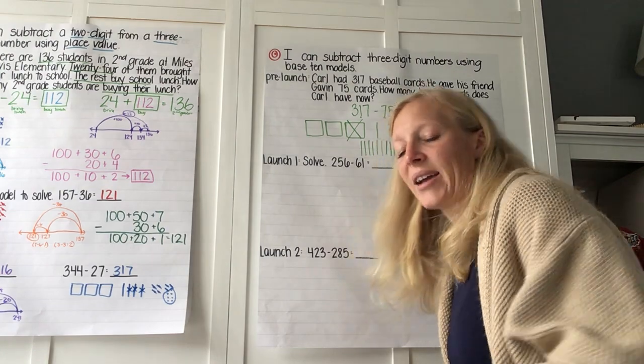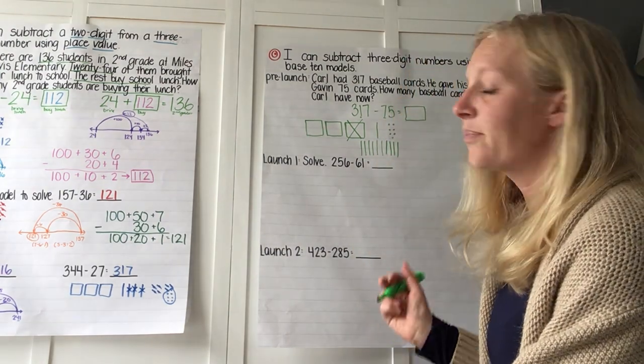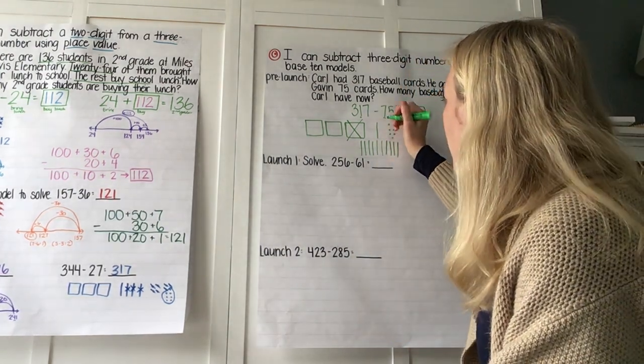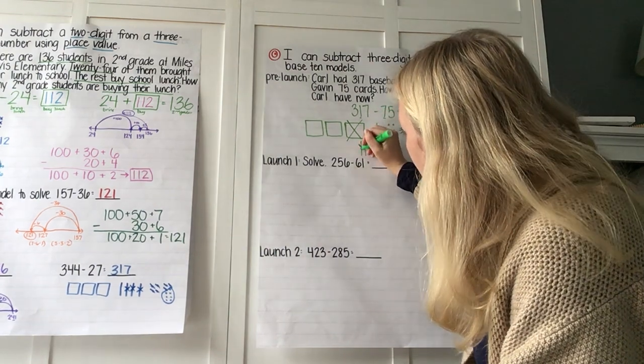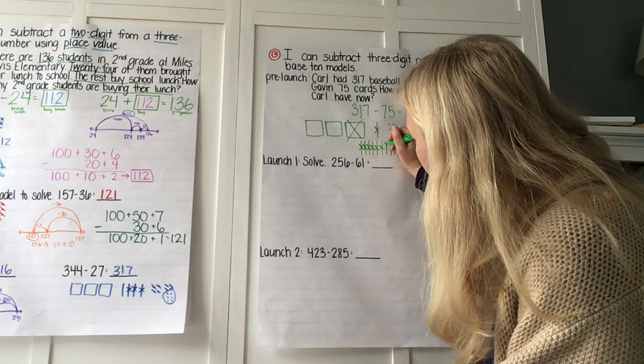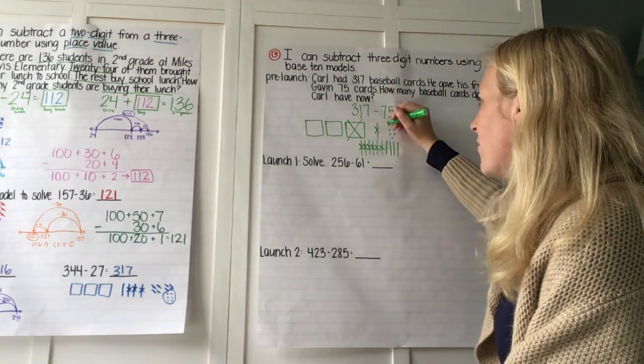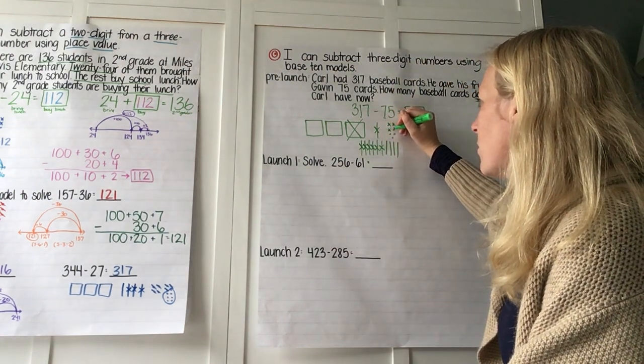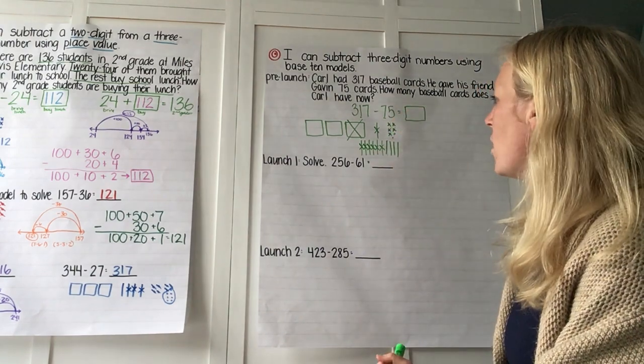So what am I going to do next? I'm going to take away 7 tens. 1 10, 2, 3, 4, 5, 6, 7. And I'm going to take away 5 ones. And what do you notice?